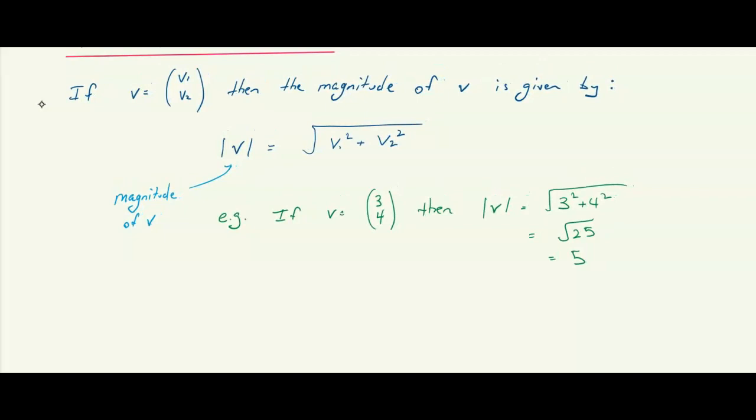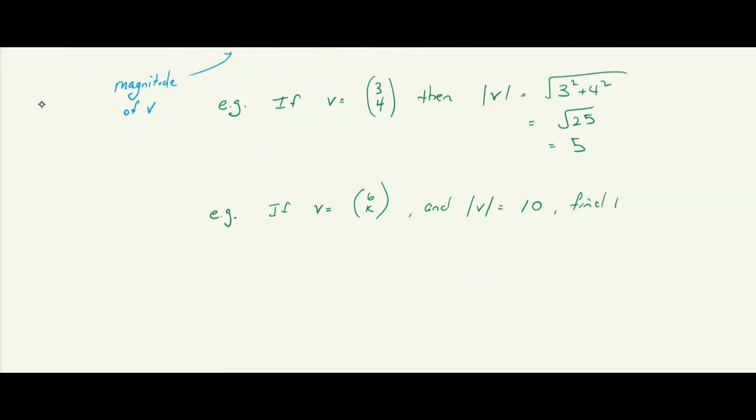There's another example, perhaps. I'm pulling this out of the book. If v equals (6, k), and we need to know what the magnitude is, don't we? For this, the magnitude is 10.